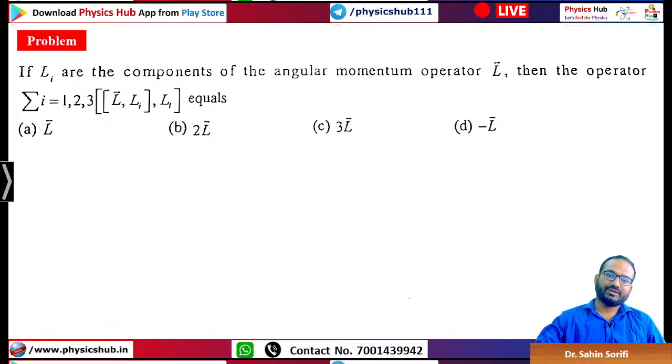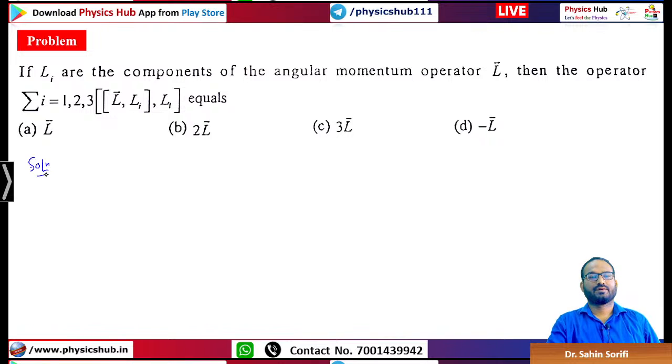If Li are the components of the angular momentum operator L, then the operator sum over i runs from 1 to 3 Li equals. Okay. What we have to do? We have to find out sum over i, which can run 1, 2, 3, commutation of L and Li.